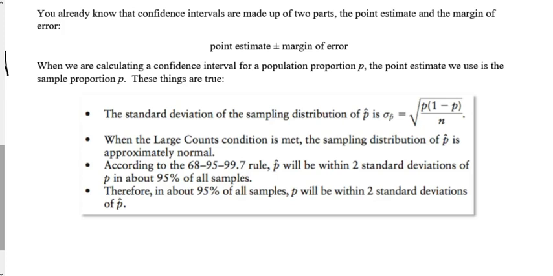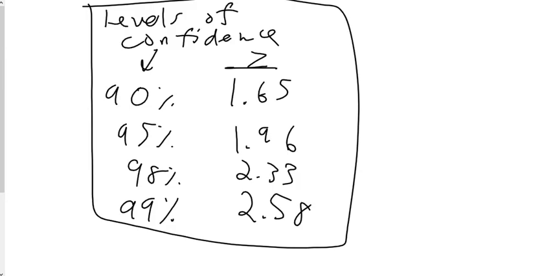When the large count condition is met, the sampling distribution is approximately normal. According to the empirical rule, p hat will be within 2 standard deviations in about 95% of all samples. All right? If you go back to the chart I just gave you, we said 95% was 1.96. That's approximately 2. Very specifically, it's 1.96, but it's approximately 2.